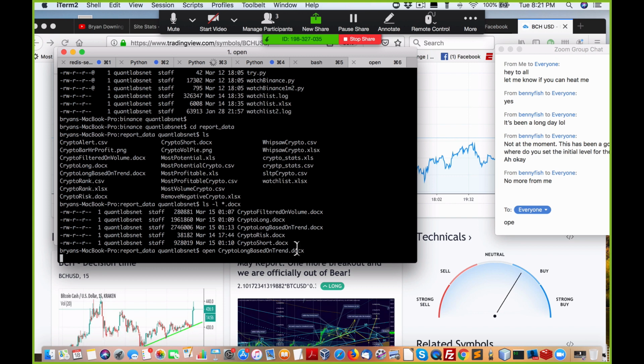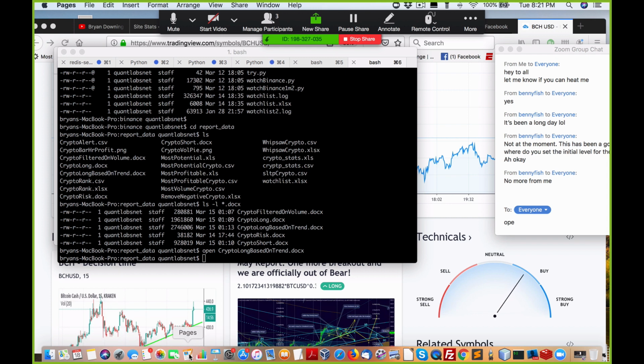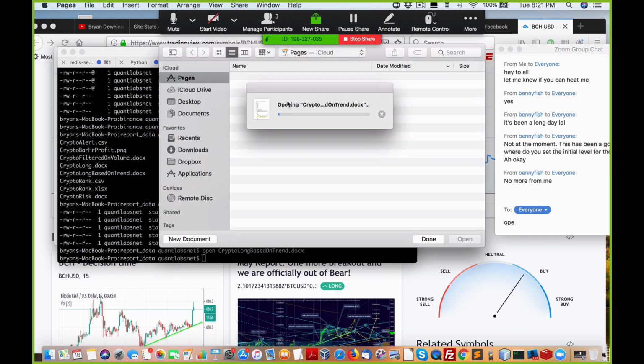Somebody open this up. I'm just going to show you what it looks like, just as a sample. Just waiting for the program to load up. Pages, Apple Pages. Ugh. Apologize for the slowness of this computer again.